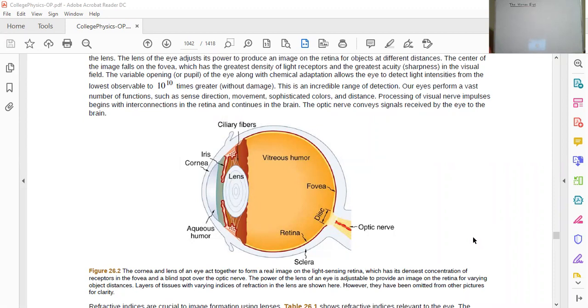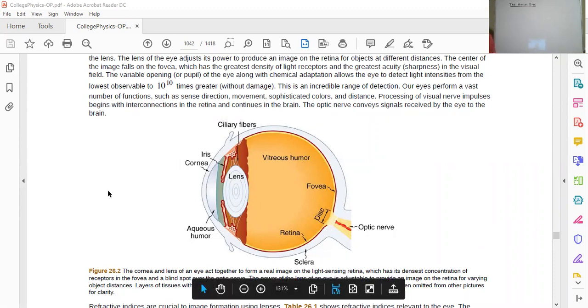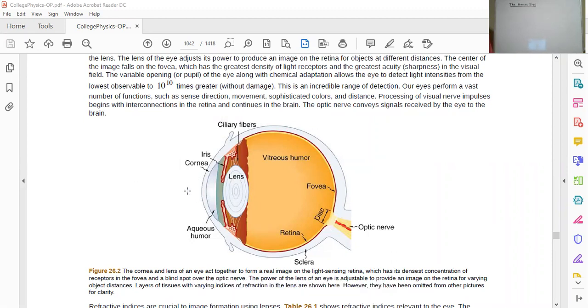So here is the anatomy of the human eye. If you can see my mouse, light is going to come from the left, and the first part of the eye that the light interacts with is the cornea. Light refraction begins in the cornea. The index of refraction of air is right around 1.0.